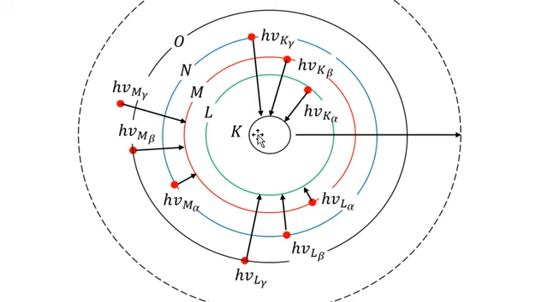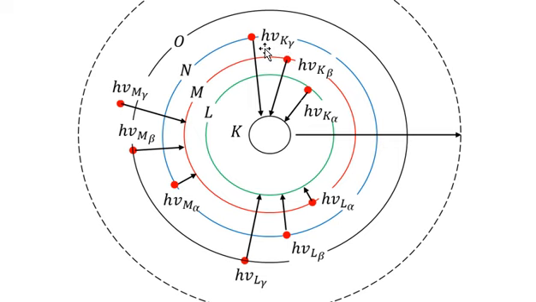A third possibility is shown: an electron from the N shell, shown in blue, will move towards the K shell to fill the vacancy of the hole, and a quantum of energy due to the difference of binding energies, equal to h nu K gamma, will be released.